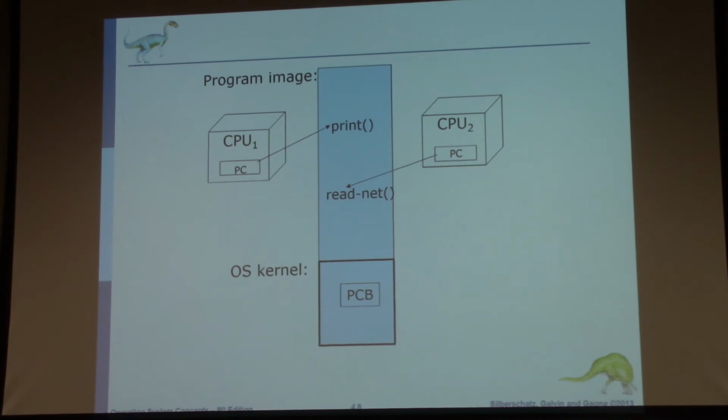Yes? Is it possible to have a process without a thread? So his question is whether it is possible to have a process without a thread. It depends on the definition. If we consider one process as a thread, there is at least one thread, because the process itself is also a thread.